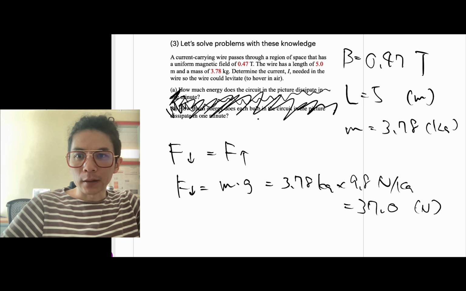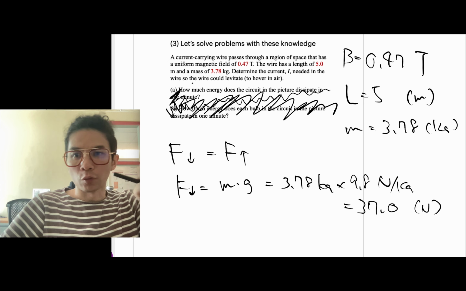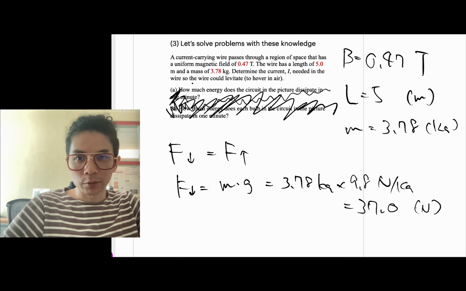And now you want to calculate the F upward. F upward is obviously the current carrying through the wire, without coiling, so this is a straight problem.